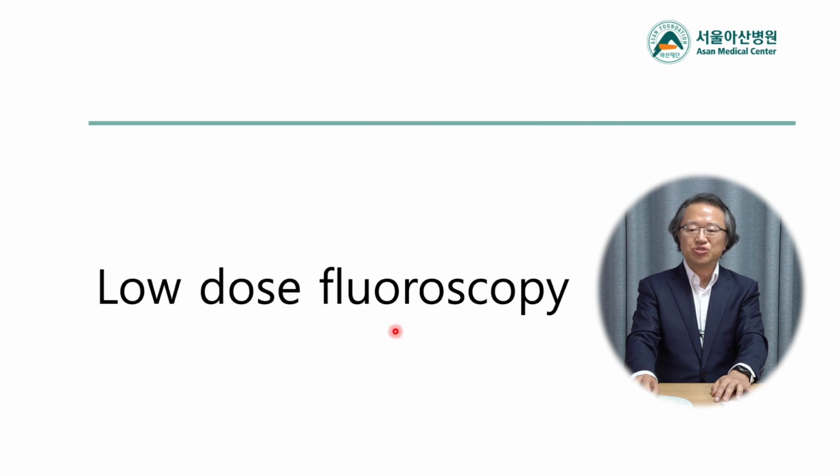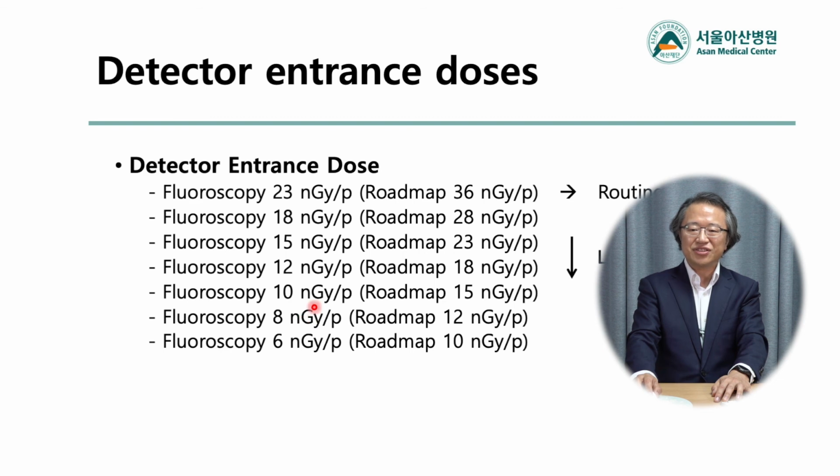So we tried to see whether we can reduce the dose with a low dose fluoroscopy. This is the available fluoroscopic dose setting from the usual 23 nanogray down to 6 nanogray. For roadmaps, it requires additional doses.